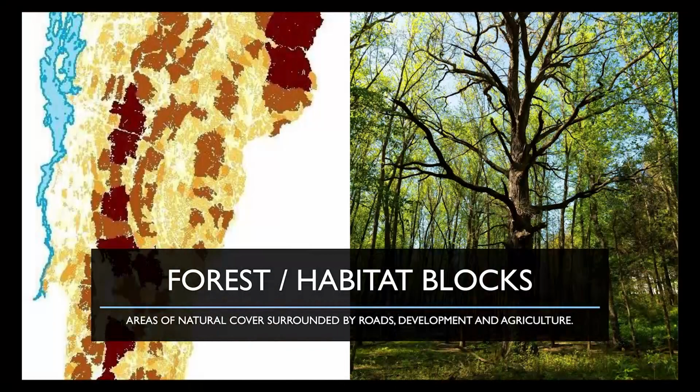And so over the last 15 years, we've really moved to that forest block as an essential unit in our conservation planning. So we've moved away from the concepts of starting with hotspots of biological diversity and really thinking on a much coarser scale, thinking about these larger habitat blocks.